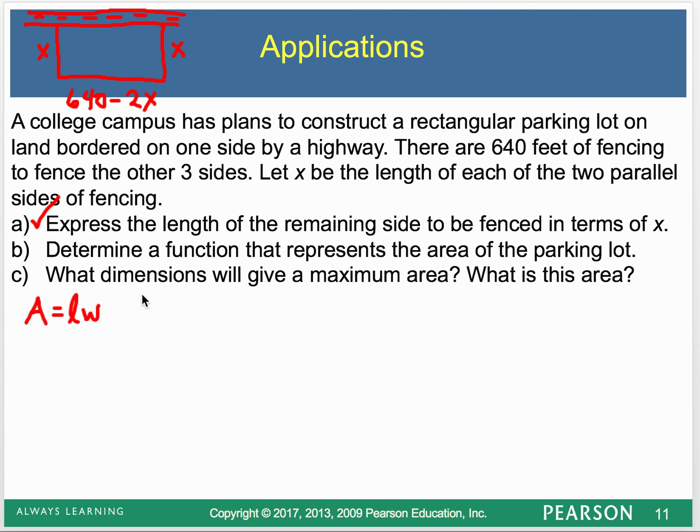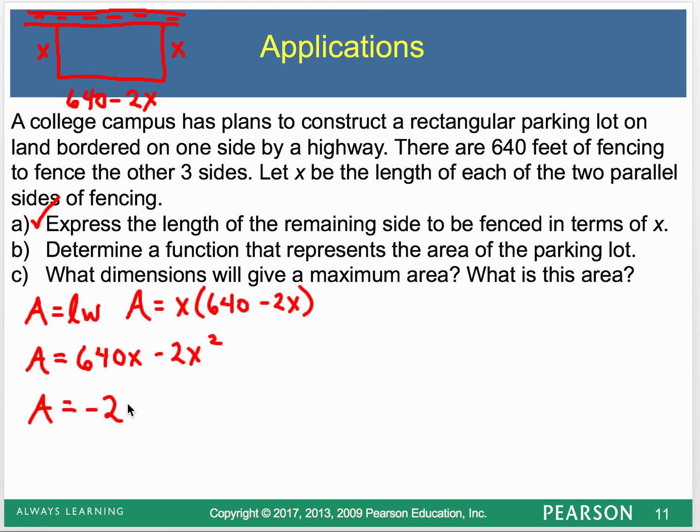So the area of this parking lot must be x times 640 minus 2x. Or, distributing that x, we get 640x minus 2x squared.